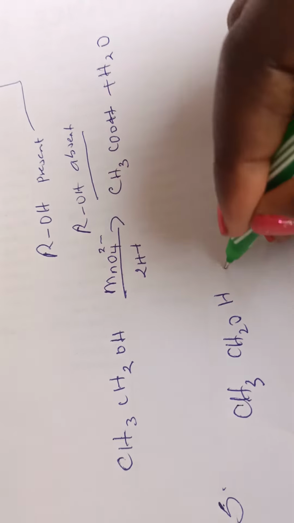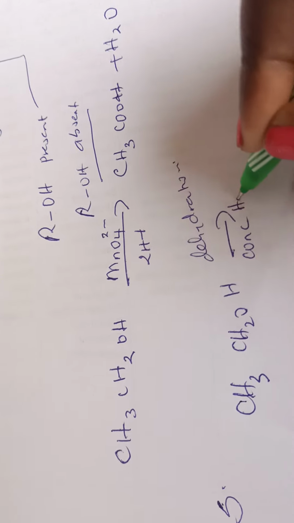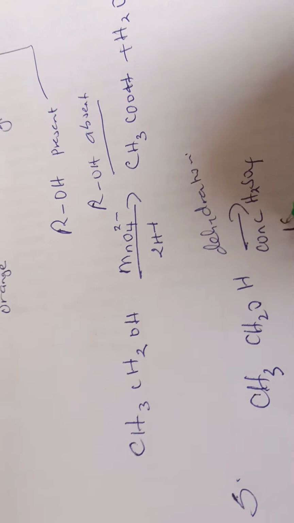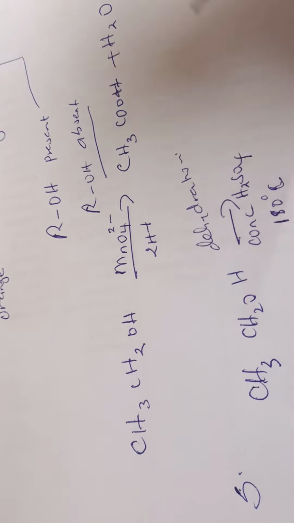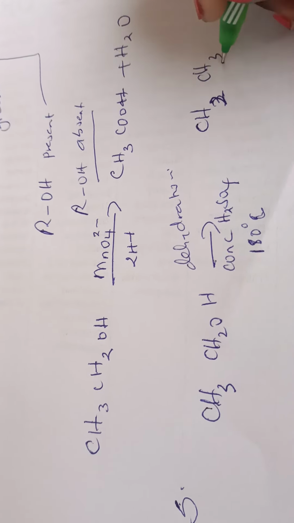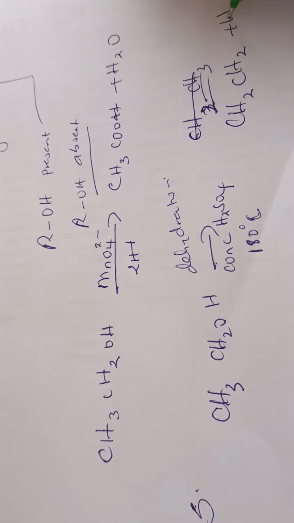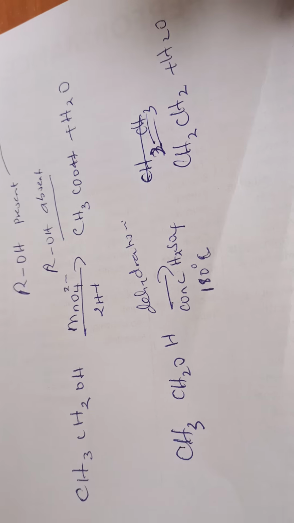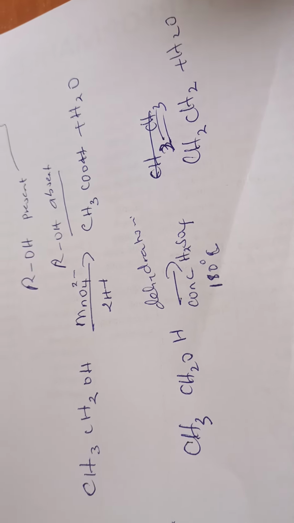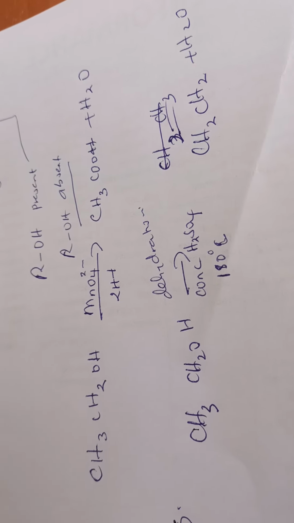So when we have ethanol, it can undergo dehydration in the presence of concentrated sulfuric(VI) acid and heat, around 180 degrees Celsius, and they form the corresponding alkene, ethene, CH2=CH2, plus water.